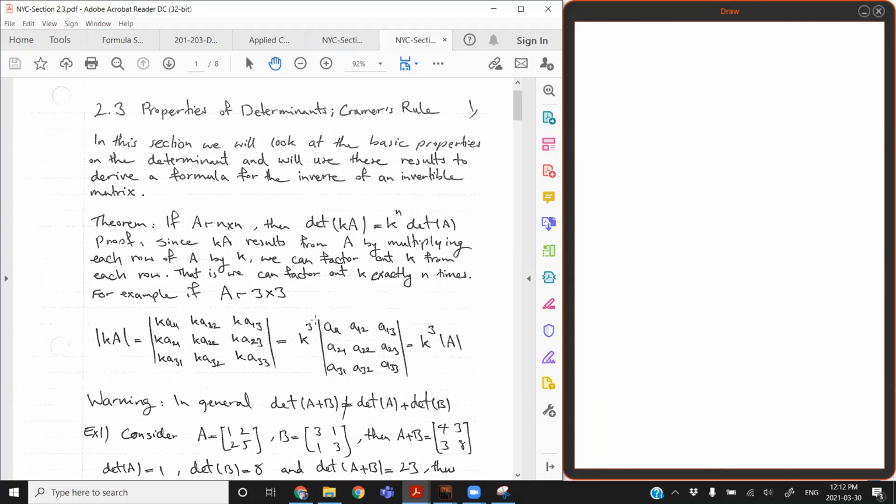determinant of A. So, for example, if you have a matrix that's 3 by 3, like this one, A, B, C, D, E, F, G, H, I, if that is your A, and from this one you create a new matrix kA, and here you're doing a scalar multiplication, and if you remember, the way a scalar multiplication is done is that you have to multiply every entry here by k.